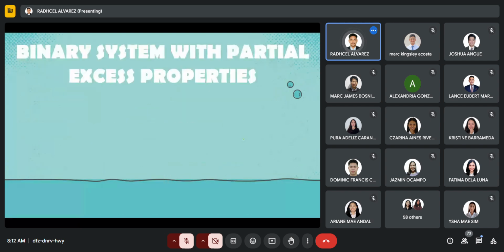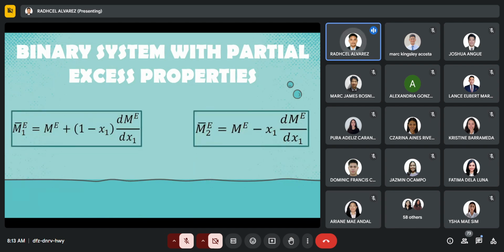So let's try to focus now. And by the way, for excess property, you will also revisit the partial properties, because we have what we call a binary system with partial excess property. It is the same as our earlier formula for partial property, so you just replace them with excess properties. Same formula. The only difference is the notation: you put a capital letter E to signify that it is an excess property.